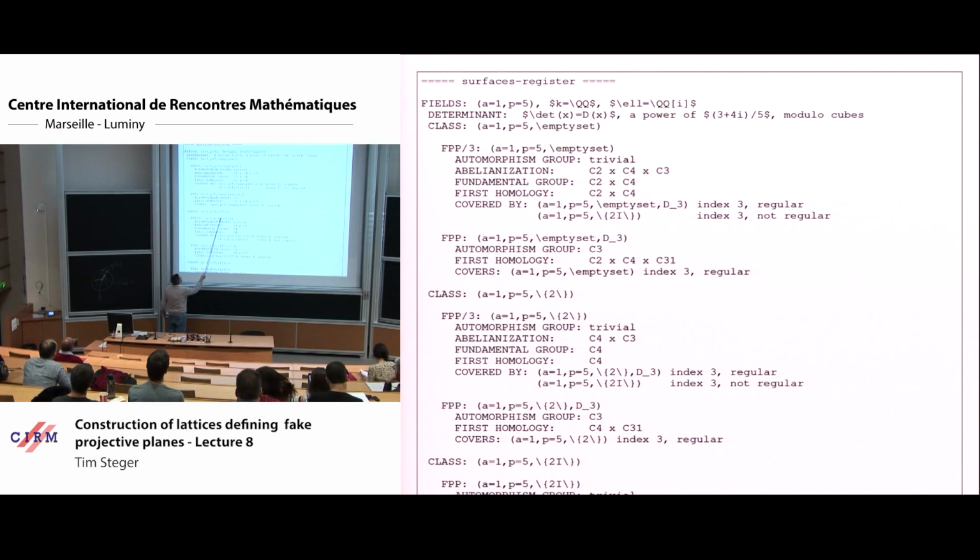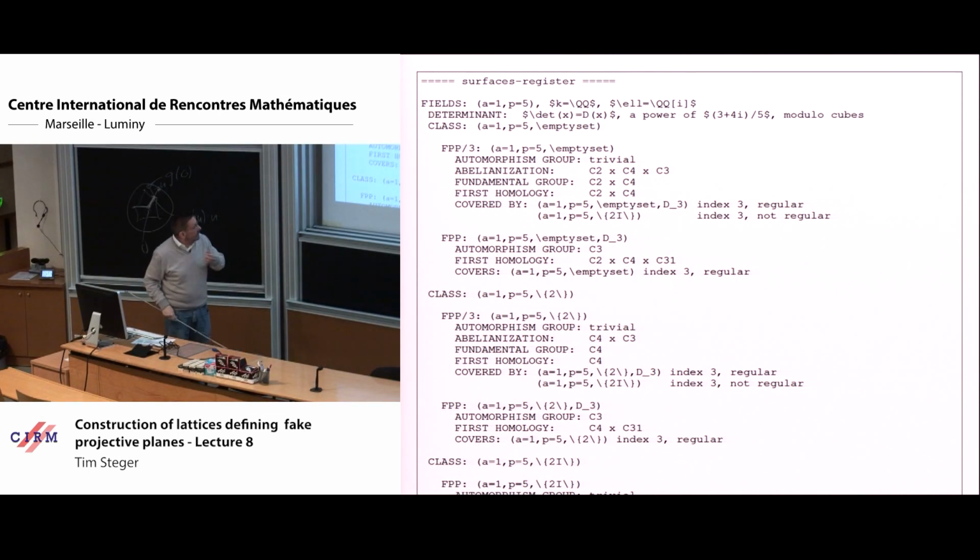Here we have that surface which corresponds to a certain discrete group, and here we have something which covers that with index 3, so it corresponds to an index 3 subgroup, and this last thing is trying to say where does the index 3 subgroup arise? So this has to do with the question of whether these are congruent subgroups or not congruent subgroups.